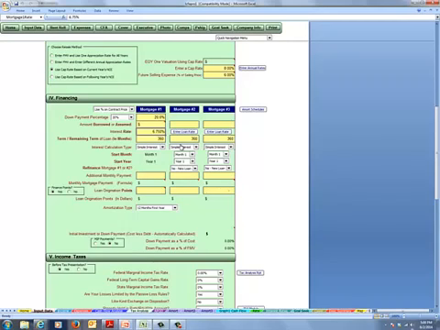We're probably going to be looking at Fannie Mae paper, which is typically 20% down. The interest rate right now, as we're recording this, is approximately 4.5, and the term is going to be 30 years or 360. If it was 25 years, you'd put in 300 there.